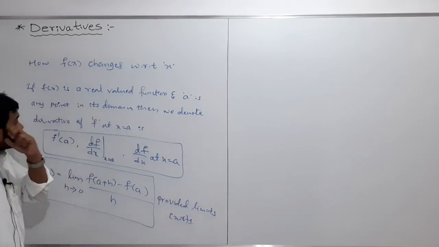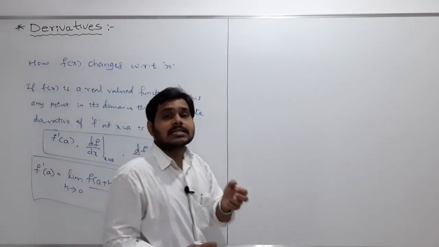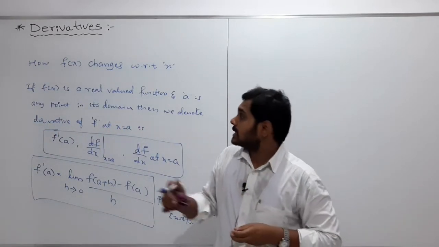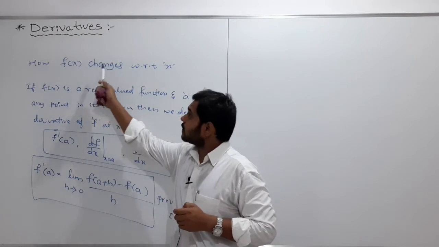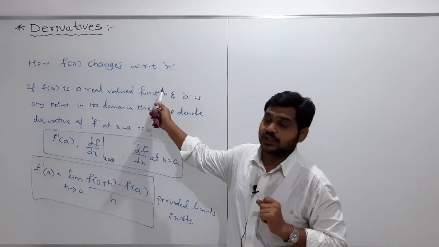So what is that one? Please try to understand. First of all, what is derivative? In the derivative we are discussing how the function f of x changes with respect to x, that we are calculating, my dear students. Clear?